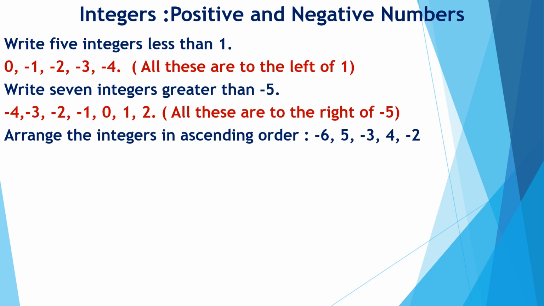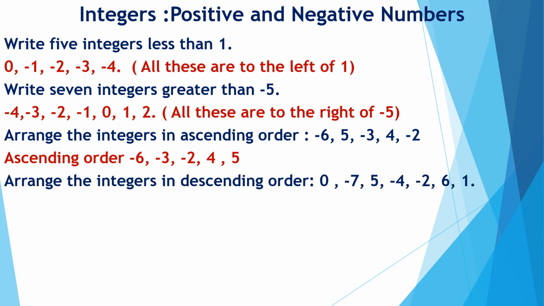Let's arrange the integers in ascending order. Ascending order will be minus 6, minus 3, minus 2, 4, 5. 5 is the biggest integer and minus 6 is the smallest integer. Let us now arrange the integers in descending order.